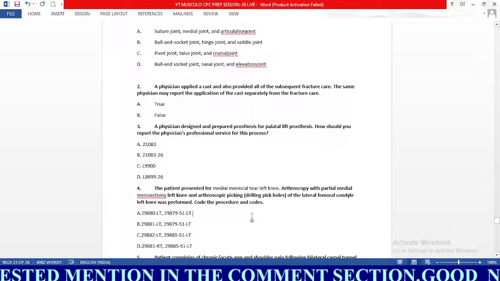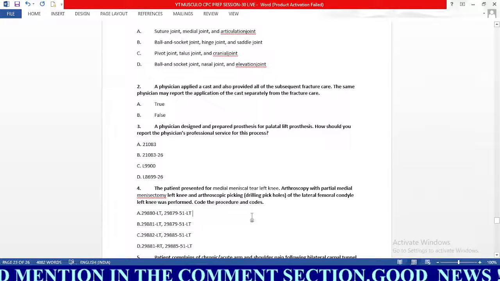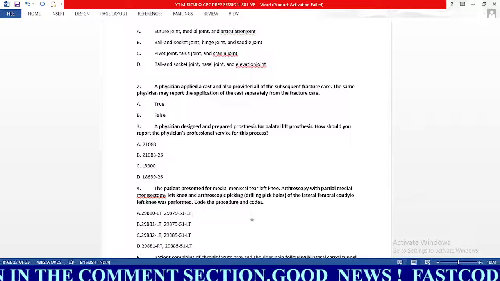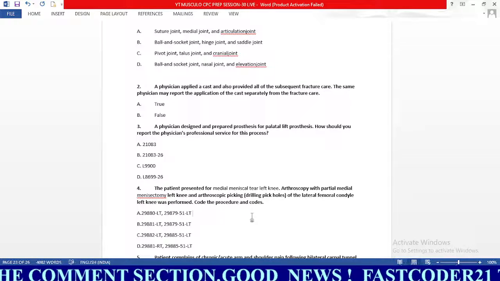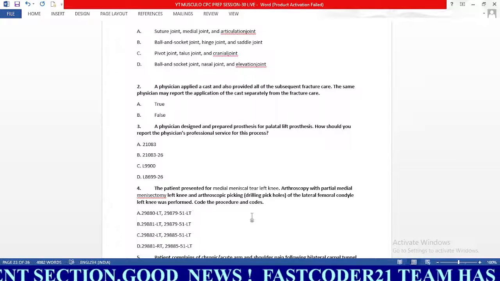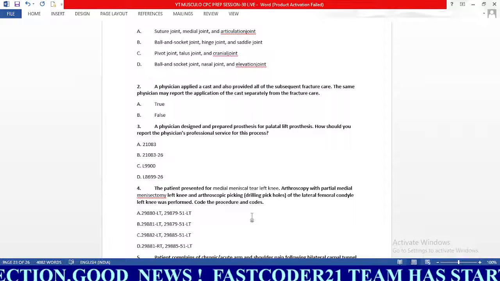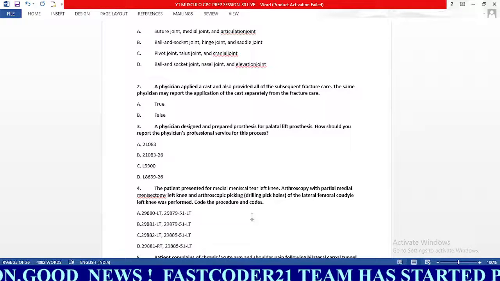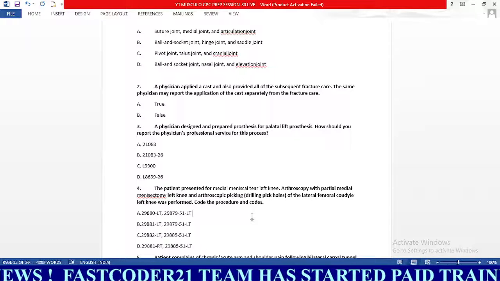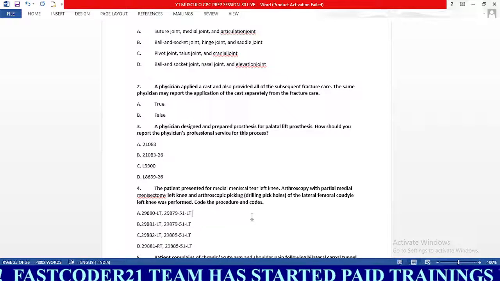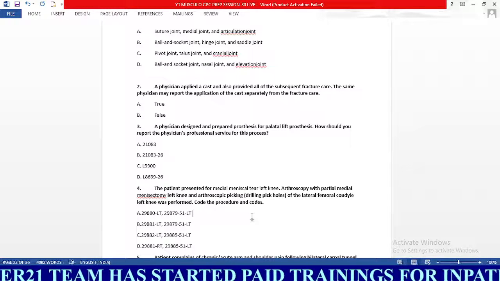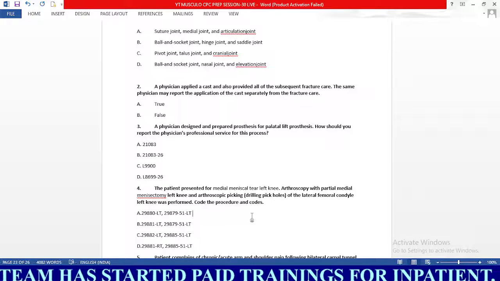So we will check 29880 first. What is 29880? Basically 29880 is for meniscectomy medial and lateral. So here 880 includes medial and lateral meniscus. What is 79? 79 is abrasion arthroplasty, includes chondroplasty where necessary or multiple drilling or microfracture.